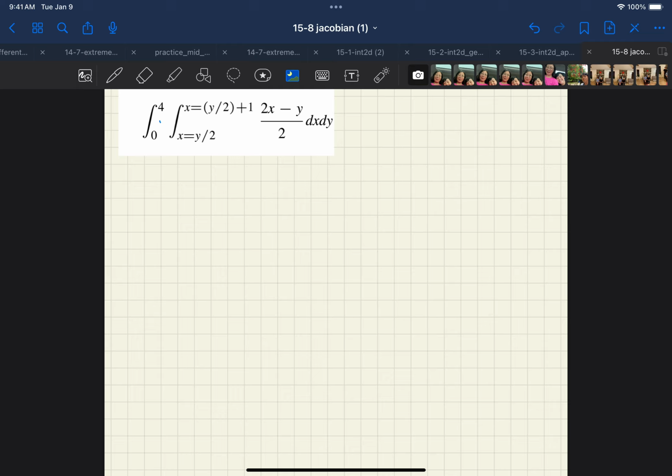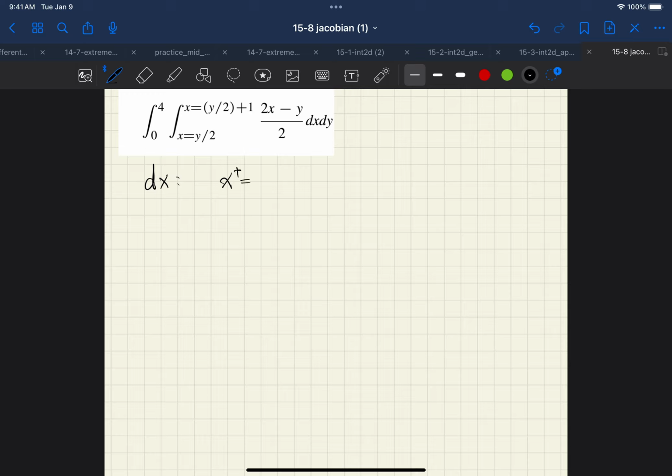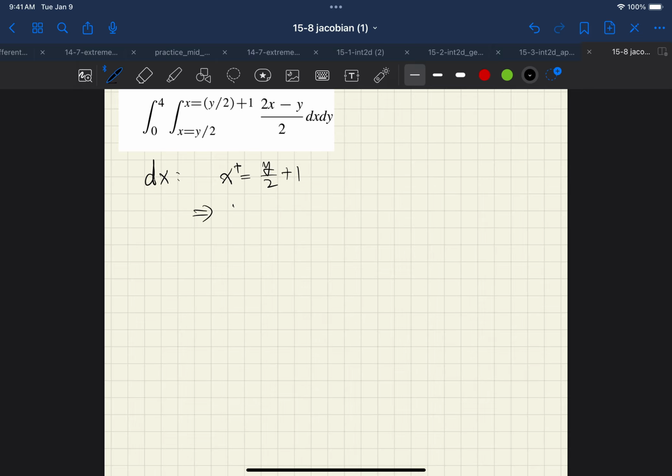So we are going to look at the xy plane. First look at the dx term. The upper limit satisfies this, which means y equals 2x minus 2. So this is one curve which describes the upper limit.